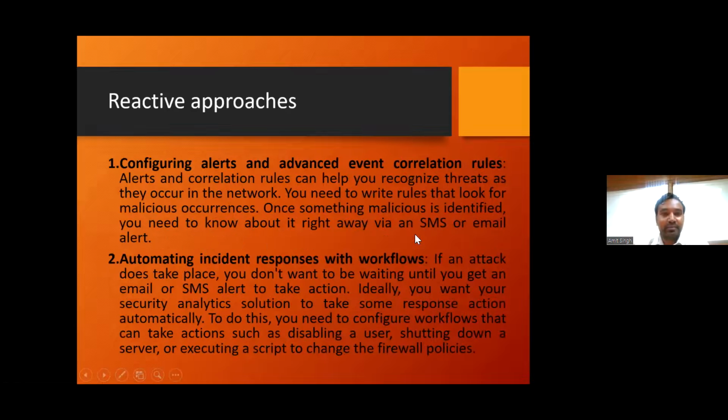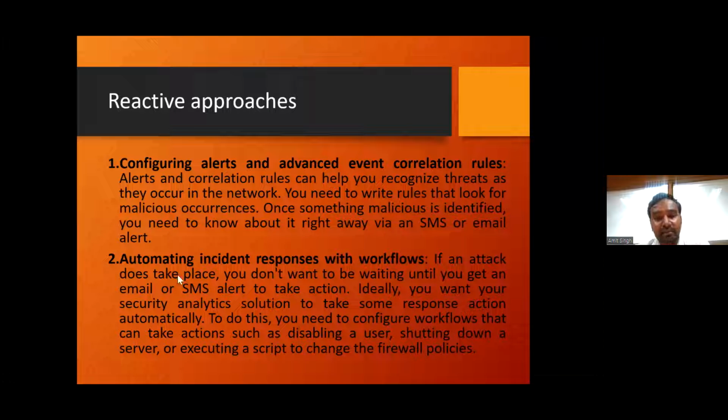Coming to reactive approaches. These are the approaches we implement after we have been attacked at least once, and after that we take certain steps. In this we have configuring alerts and advanced event correlation rules. Second is automating incident responses with workflows. This is like a SOAR, which has orchestration and automated response.